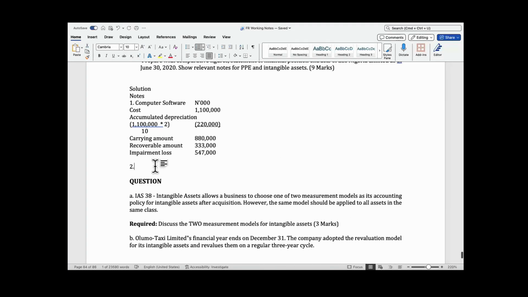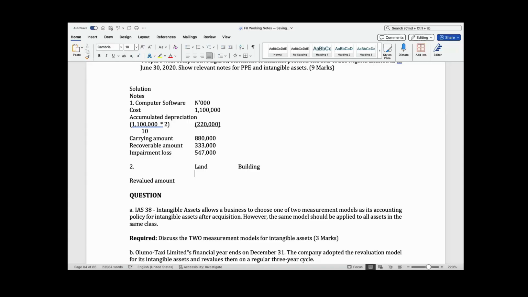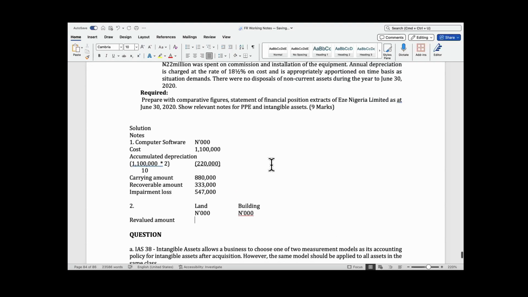Okay, nice. So I think it's just best for me to do a separation. So let me just have land and have building with the revalued amount.